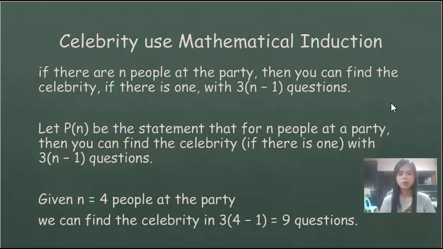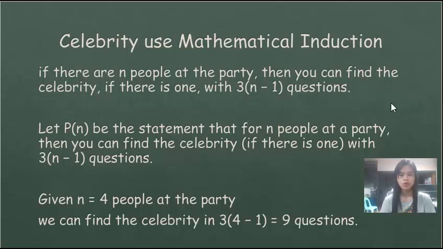This is how the celebrity problem uses mathematical induction. With mathematical induction, it shows that if there are n people at the party, then you can find the celebrity with 3 times the quantity of n minus 1 questions. Let P(n) be the statement that for n people at the party, you can find the celebrity with 3(n minus 1) questions.